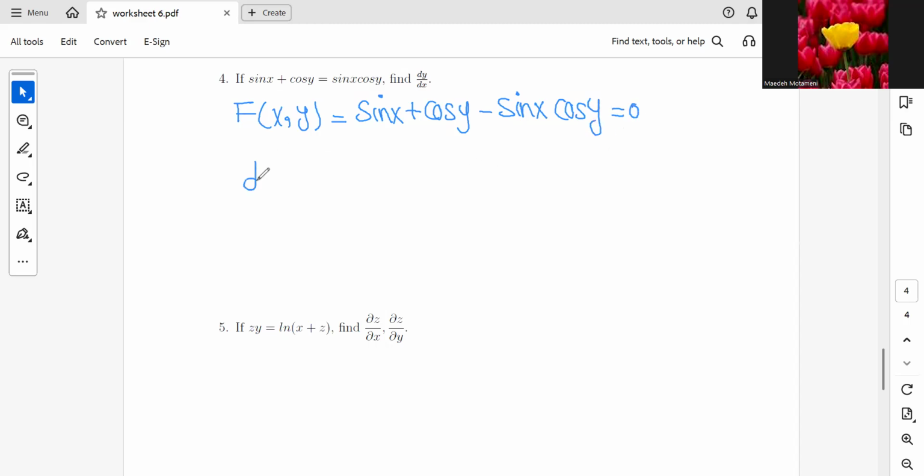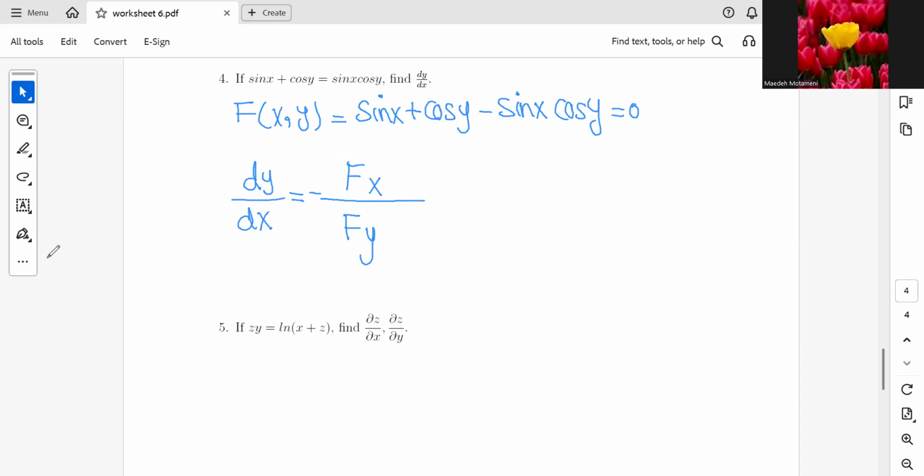Following the formulas of implicit functions, in here we're going to write that as negative the derivative of capital F with respect to x over the derivative of capital F with respect to y. In order to remember these, we said that since this is x, this one will be x, and these two will be y, the same.